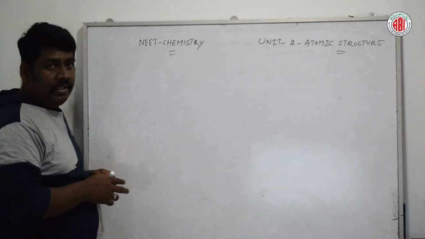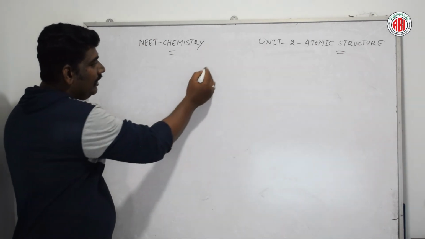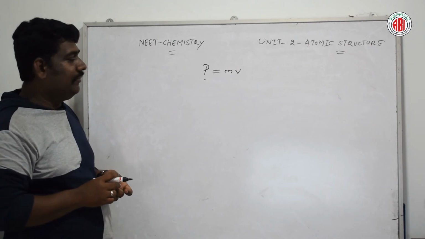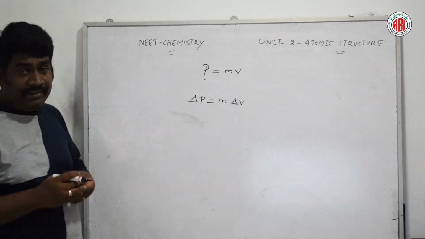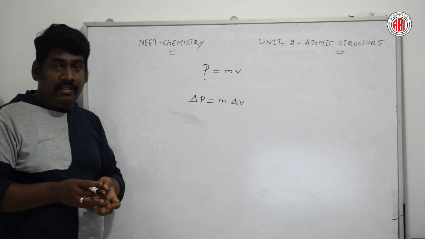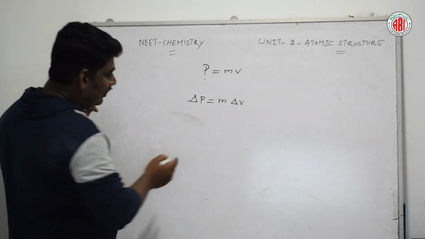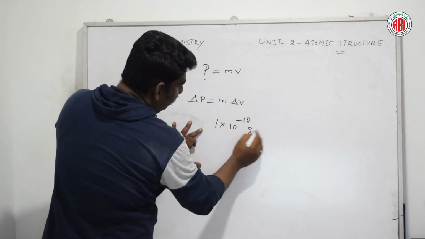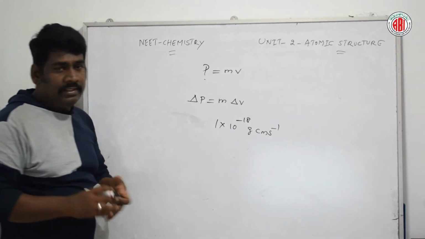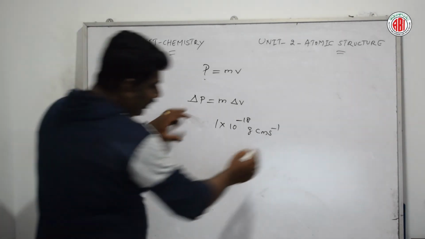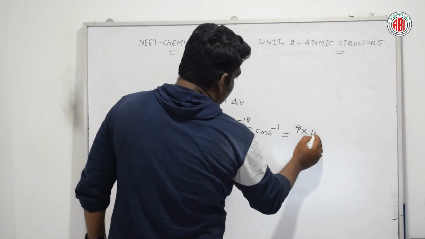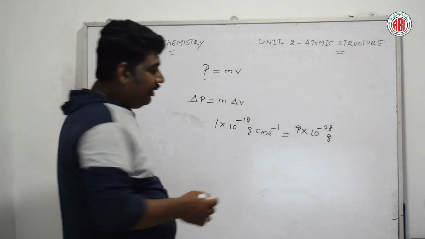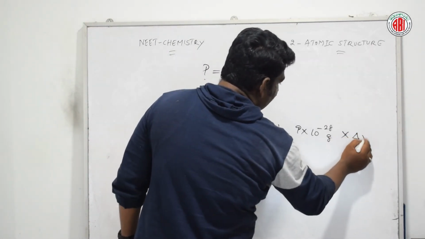According to this question, we are going to follow the formula momentum P is equal to m into v, where P stands for momentum, mass into velocity. Substituting the given values, we get 1 into 10 to the power of minus 18 gram centimeter per second equal to 9 into 10 to the power of minus 28 gram, the mass of the electron, into delta v.